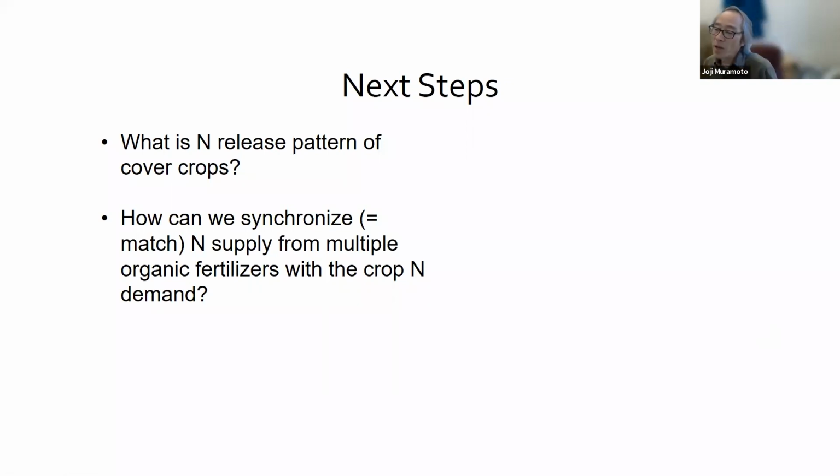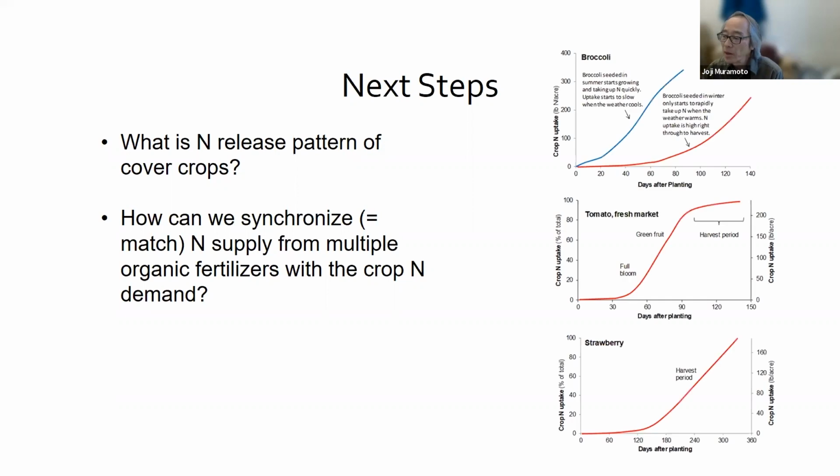So what is the release pattern of cover crops? And how can we synchronize or match nitrogen supply from multiple organic fertilizers with crop nitrogen demand? Here are some examples of crop nitrogen demand: summer broccoli, overwinter broccoli, tomatoes, and strawberries.